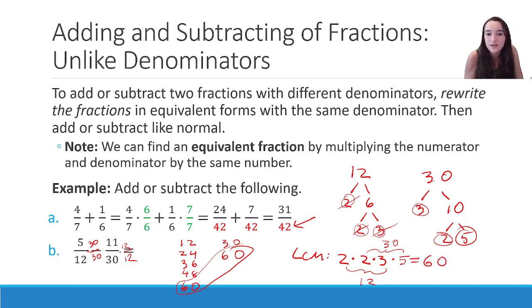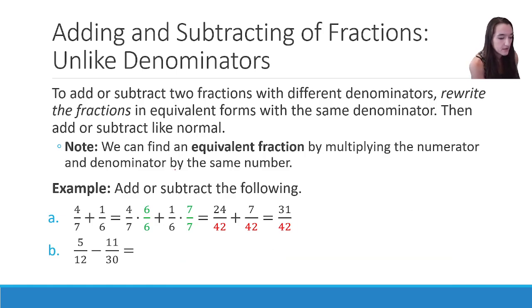So, there are different ways you can do it, right? You want to find the way that makes the most sense to you. So, we've figured out that their least common multiple is 60. So, what I'm going to do is I'm going to take 5/12 times 5 over 5, because 12 times 5 equals 60.